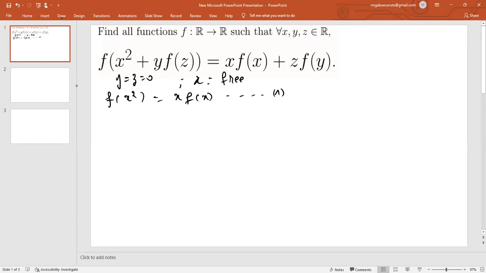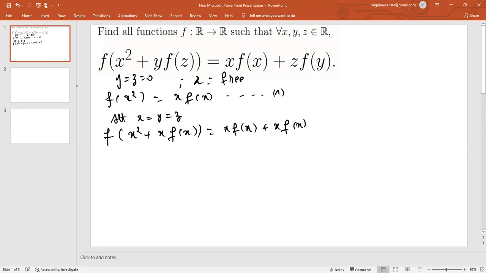Now, the second step I'm going to do is to set all these variables equal. So I'm going to set x equals y equals z. I'll get f of x squared plus x times f of x equals x times f of x plus x times f of x.